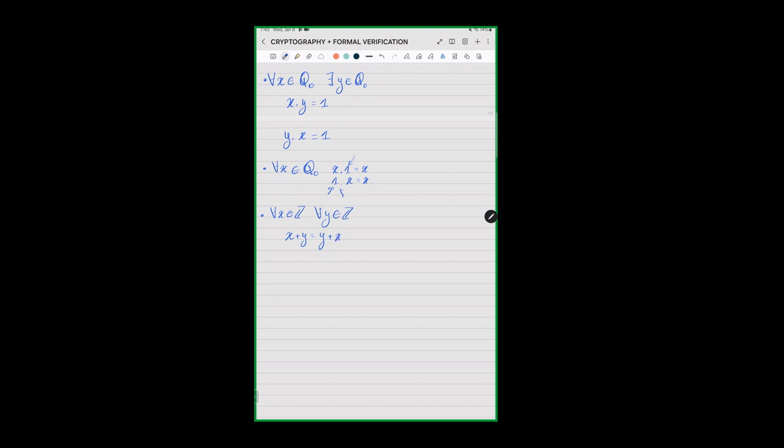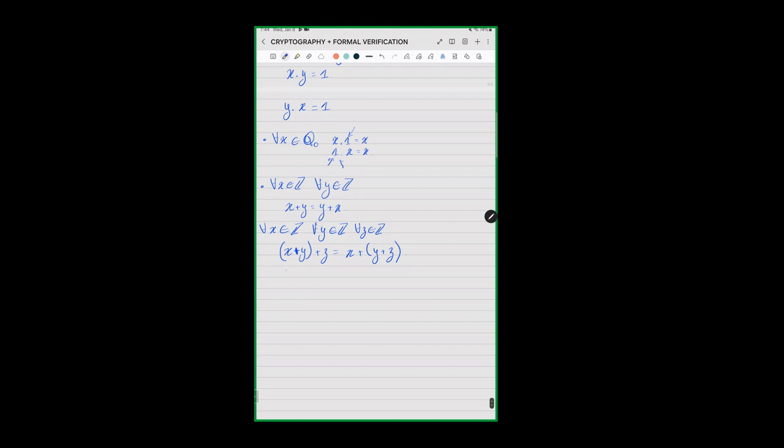But also, if you take any three values, if you do x plus y plus z, it's exactly the same if you do first the plus on these two values, or if you do the addition first on the two last values. You get the same result.